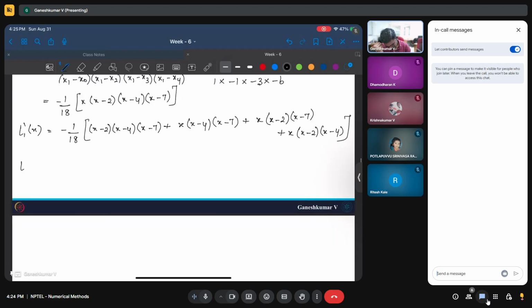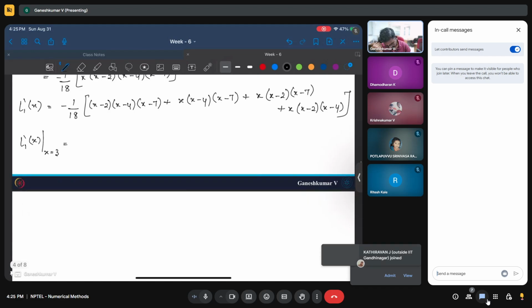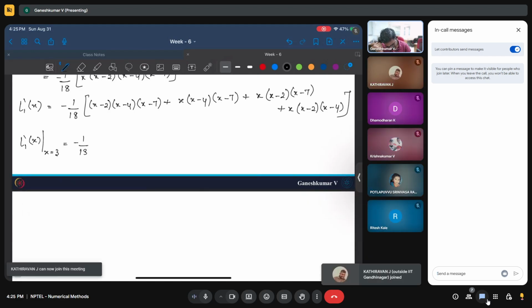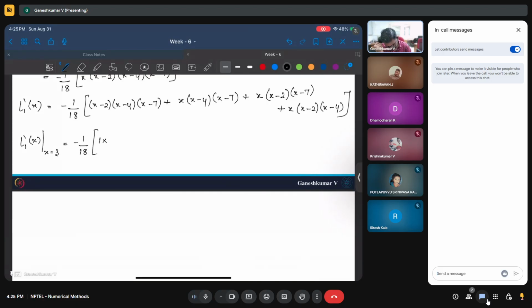Okay, now let's substitute x equal to 3. When we substitute it, what will happen? 1 by 18. If you substitute 3, 3 minus 2 is 1, 3 minus 4 is minus 1, 3 minus 7 is minus 4, and here it's going to be 3, 1, and minus 4.